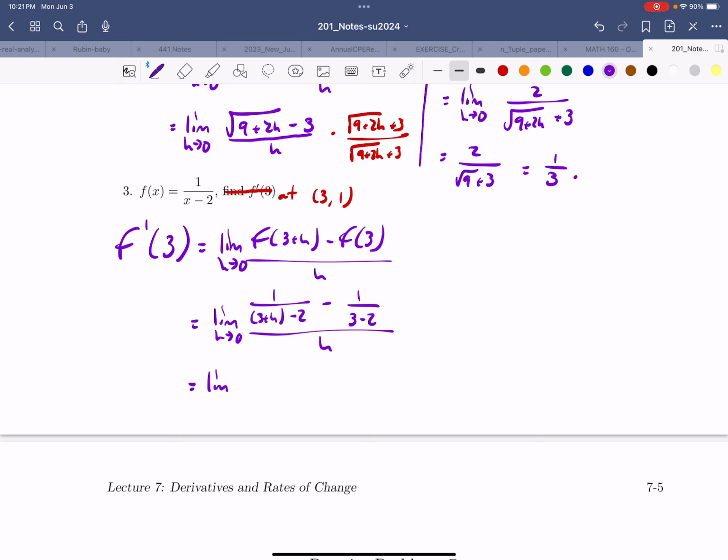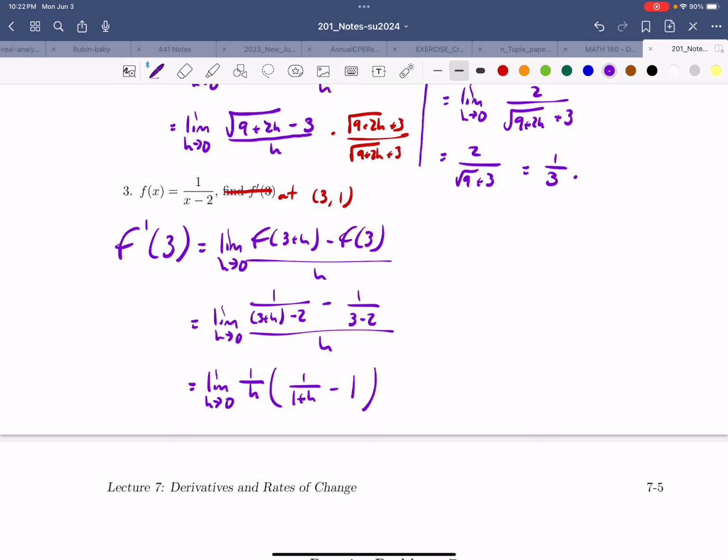So one trick that I'm going to use right here, instead of writing all of it over h, I'm going to pull the 1 over h out, okay? And then let's simplify the fractions. We have 1 over 1 plus h minus 1 over 1, or just 1, you could say.